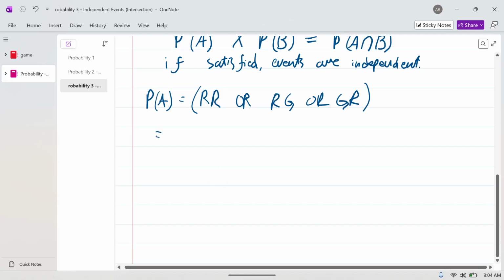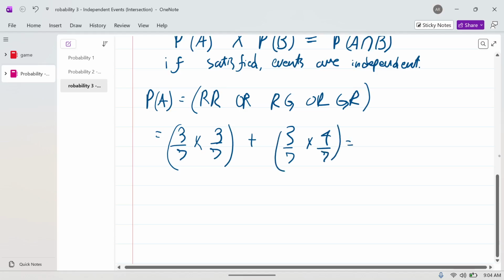So we're going to find the probability for this. It would be 3 over 7 times 3 over 7, right? Plus 3 over 7 times 4 over 7, plus again 4 over 7 times 3 over 7.